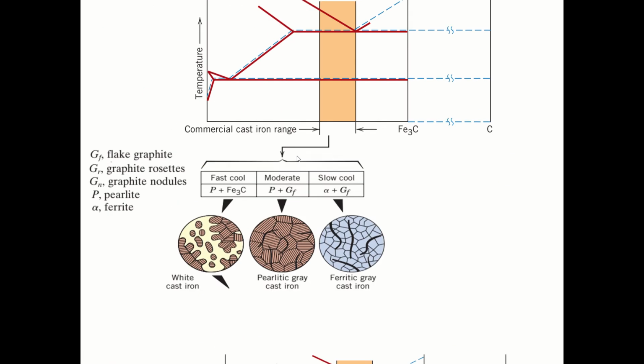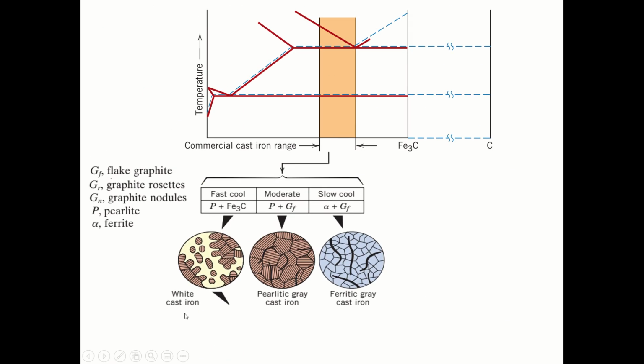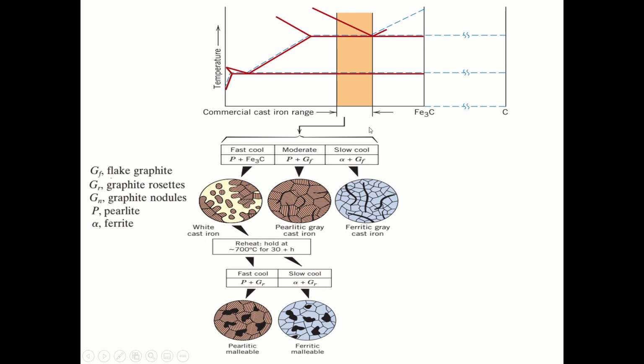So with fast cooling, we have white iron. With moderate cooling, we also have ferritic. With slow cooling, we have ferritic gray cast iron. So we can heat the cast iron and then subject it to fast cooling, which is by quenching, to produce martensite.